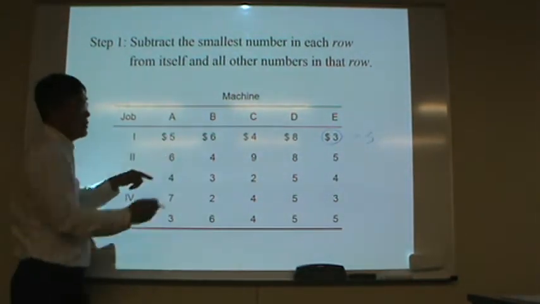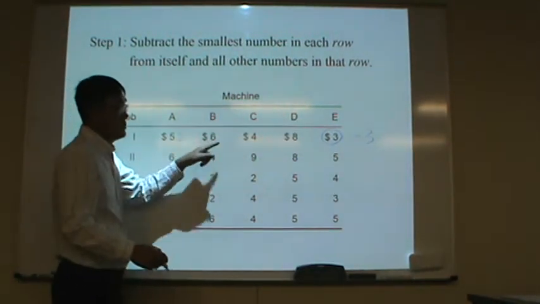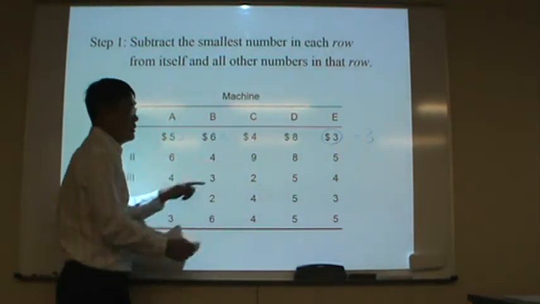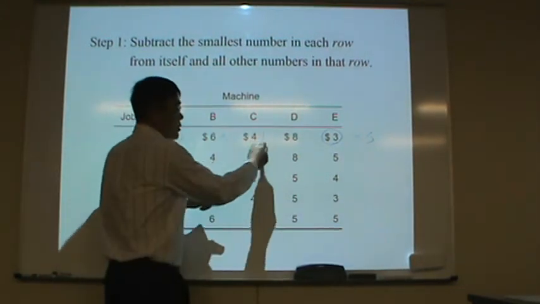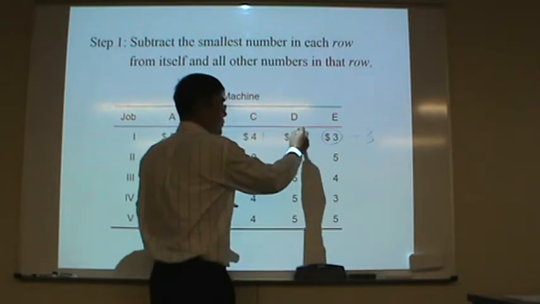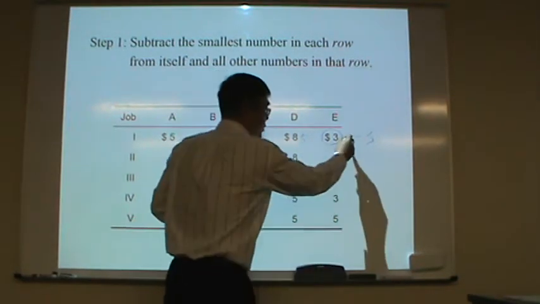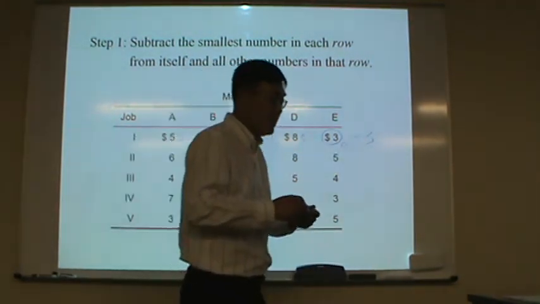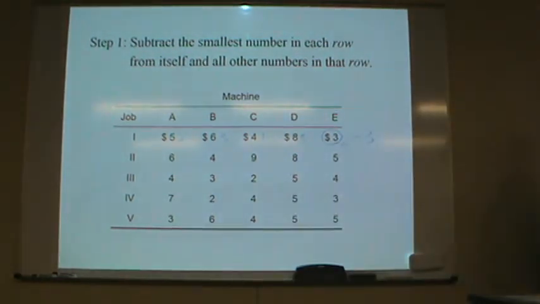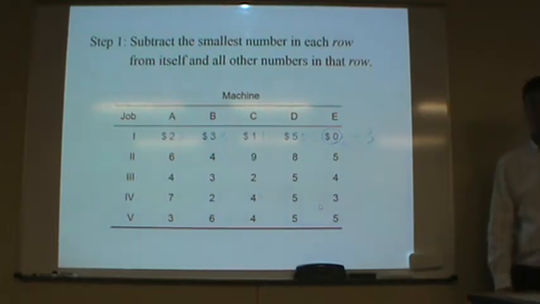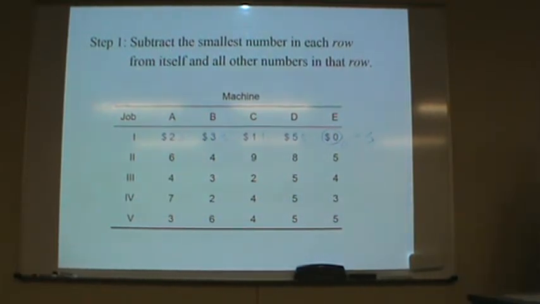5 minus 3 is 2. 6 minus 3 is 3. 4 minus 3 is 1. 8 minus 3 is 5. 3 minus 3 is 0, right? So after subtracting, the first row changes like this.